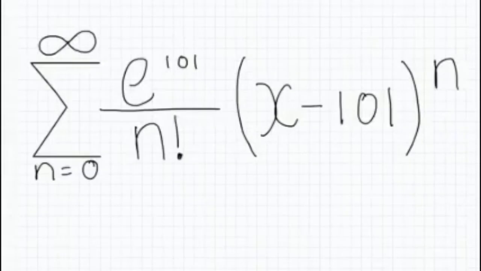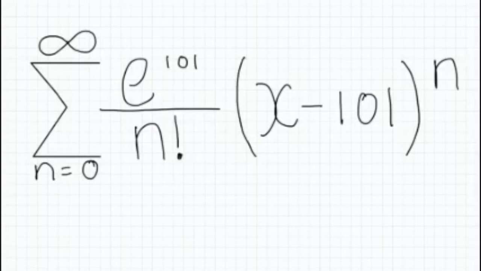Last, we know that alpha is 101 because we're centering around x equals 101. If we plug that in, our final answer is the sum from n equals 0 to infinity of e to the 101 over n factorial times x minus 101 to the n, not to the alpha. That's your answer. You should not simplify that.